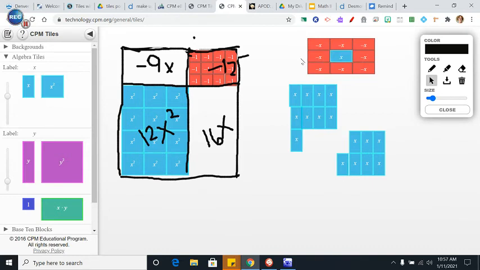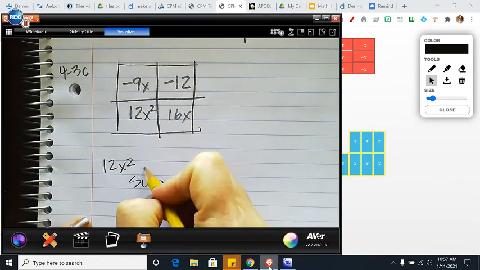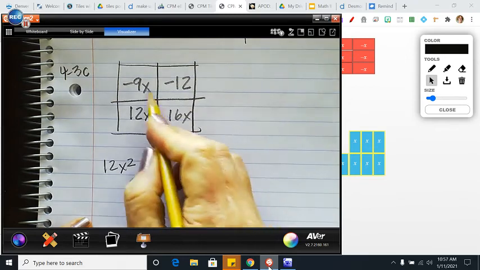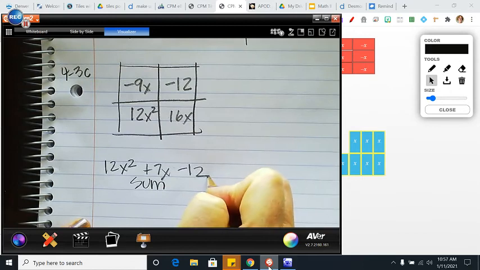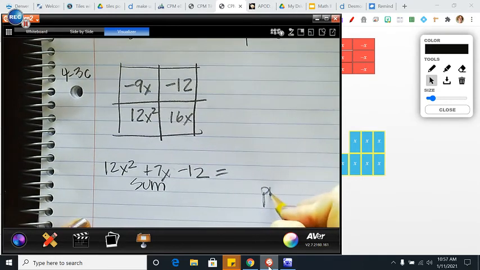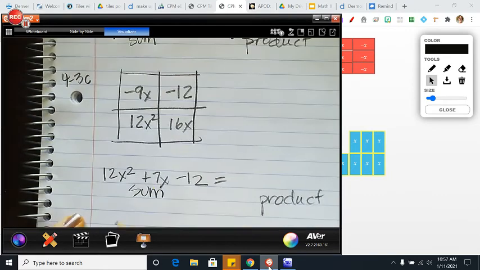So these cancel each other out, and what's left is this right here. So 7x. So for the sum, I'm just going to write 12x squared plus 7x, because negative 9 plus 16 is 7, minus 12.